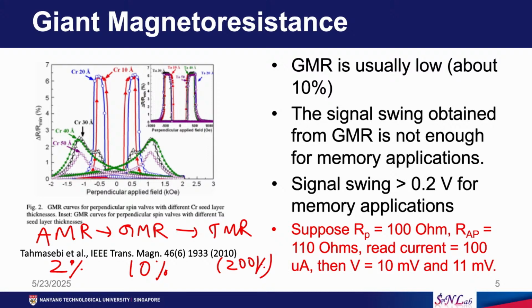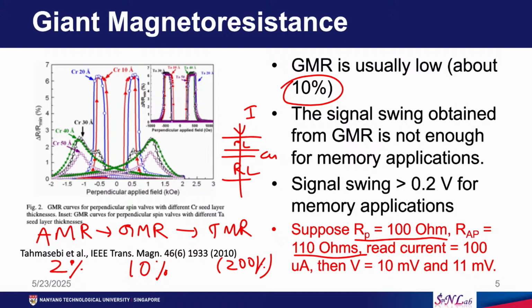When you send a current through a GMR device, let us say you have a free layer, copper, some reference layer, you send a current to read the 2 resistance states of the GMR device. Let us suppose the parallel configuration gives 100 ohms and the anti-parallel configuration gives 110 ohms. So, this is the 10%. 10% GMR means the 2 resistances differ by about 10%.